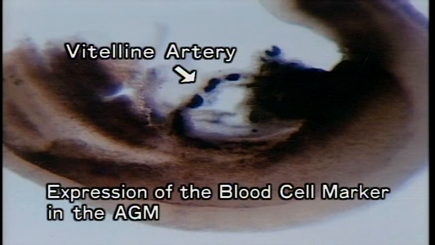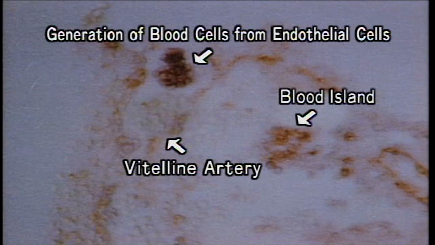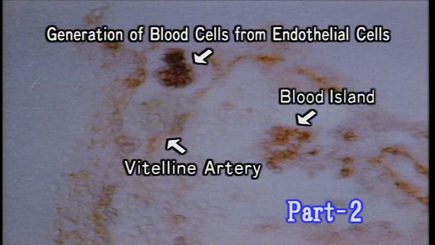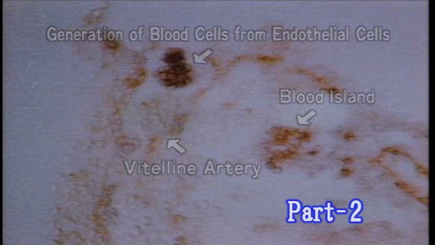From this photograph, we surmise that blood cells are also being generated in the vascular endothelium of the AGM. After purifying the vascular endothelium and carrying out a further experiment, we were able to prove that blood cells are being generated from the endothelial cells in the blood vessels.